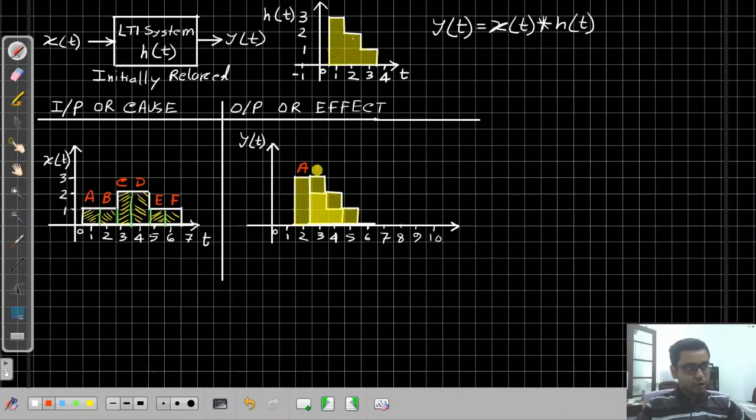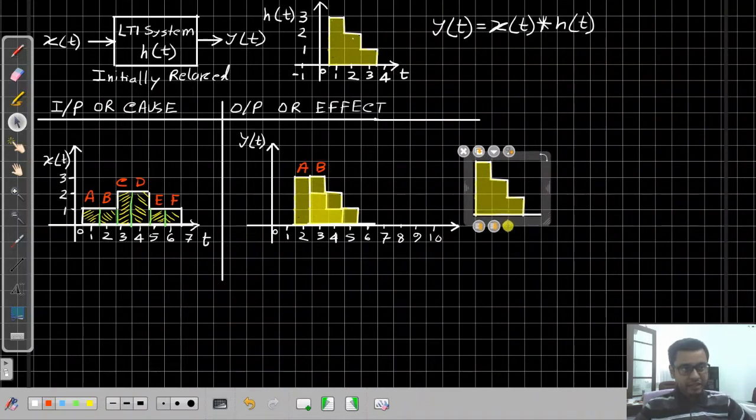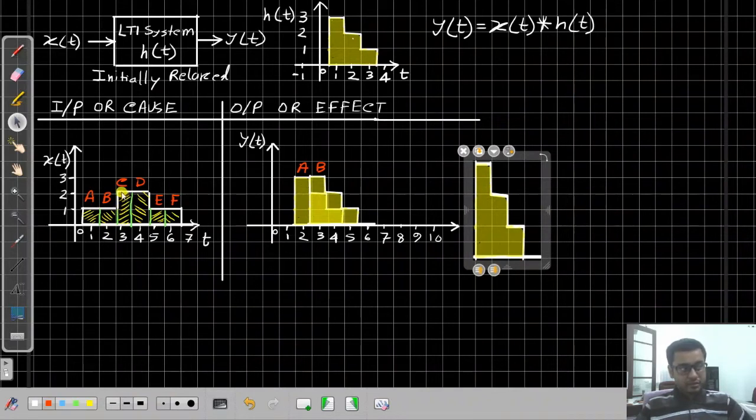This is the output corresponding to portion B. Then for portion C, I will again copy this, but this time I have to increase the height by a factor of 2, because the area under this impulse is double.